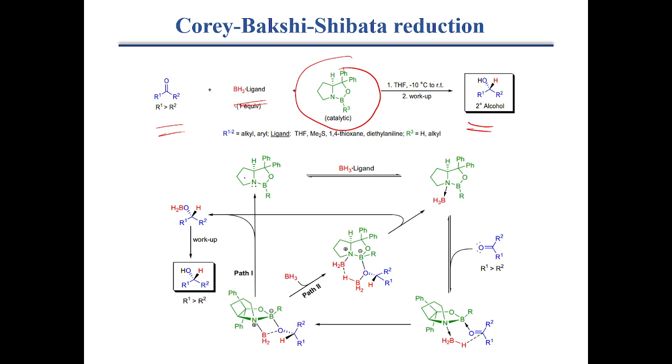So what happens in this case? In this active catalyst, as nitrogen has a lone pair and BH3 has a vacant p orbital, it can act as a Lewis acid.